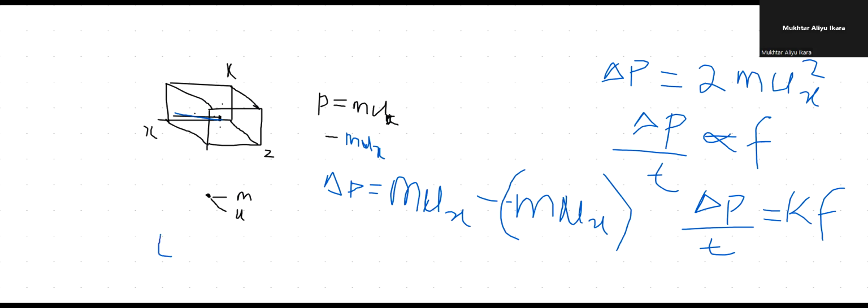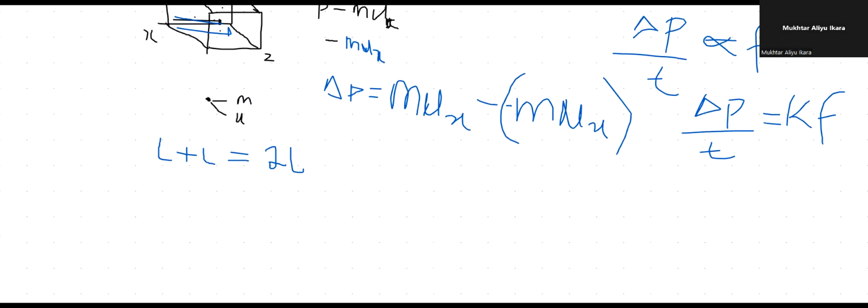So as they move here, they cover a distance L, and they come back here, covering another distance L. So at the end, we have L in both the forward direction and the backward direction. So our distance is now equal to 2L. Since our distance is 2L, we are going to replace it here.